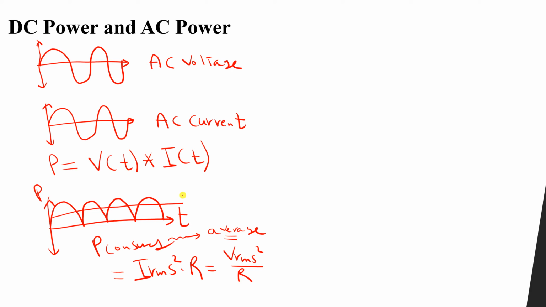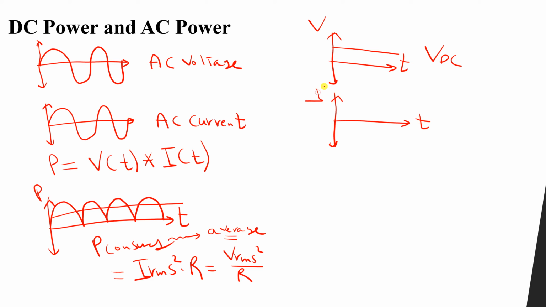Now, what about DC? If we do the same for DC, the voltage with respect to time is a constant value, VDC. Similarly, the current will be V over R, so it will also be a constant value, IDC.